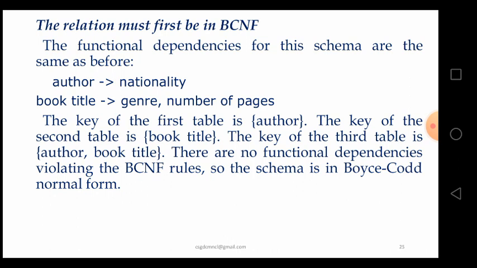To convert the given table into BCNF, we decompose it into three tables: employee country table, employee department table, employee department mapping table. These are the three tables. First, the employee country table has two attributes: employee ID and employee country.